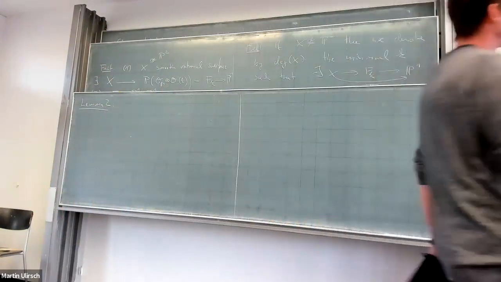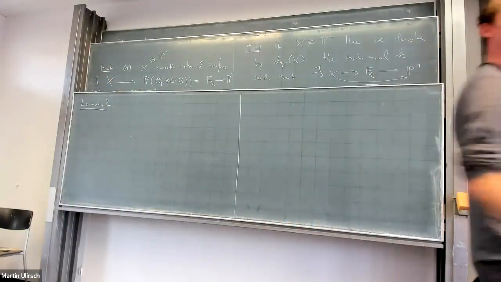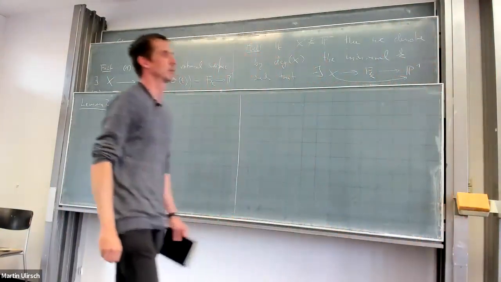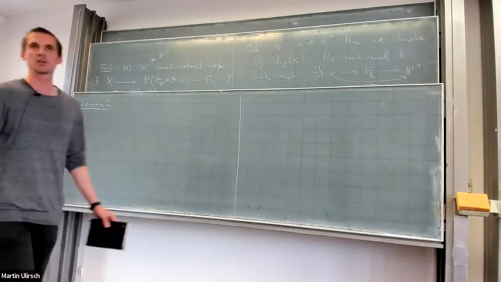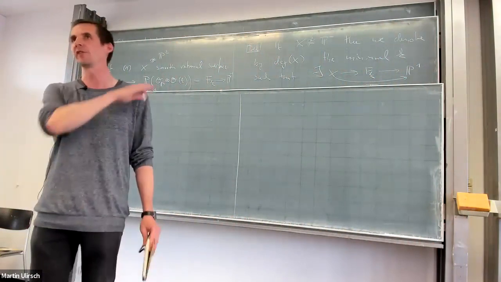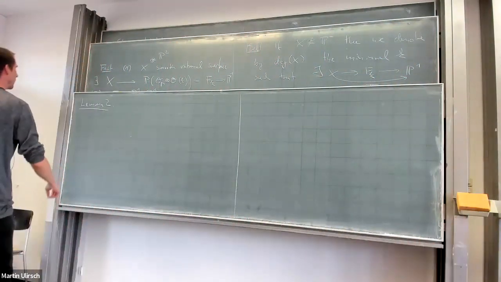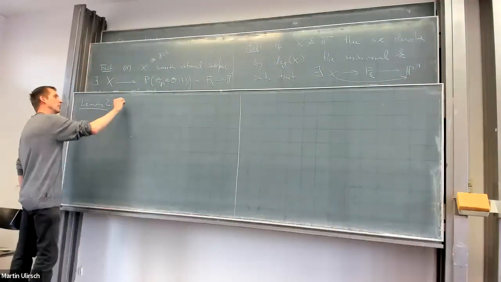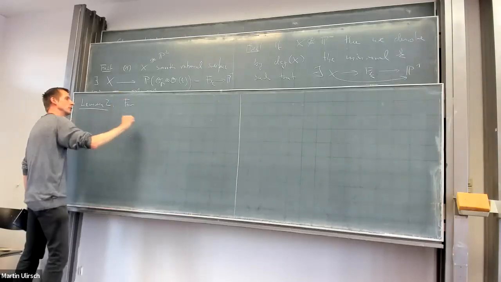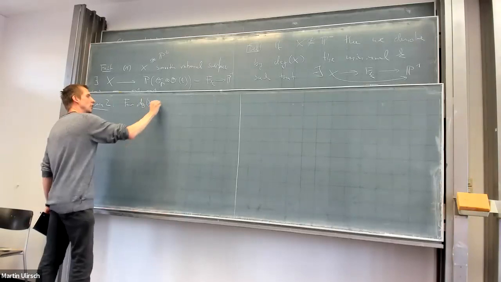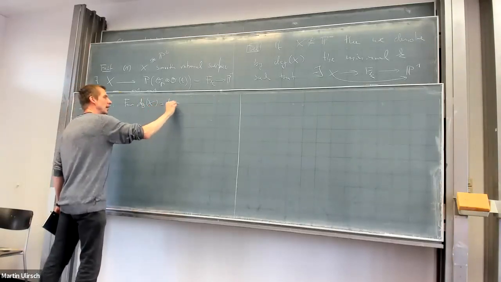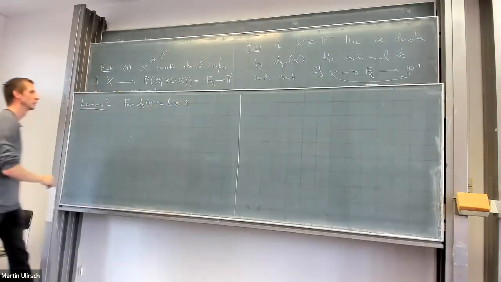Okay, so our aim is now, using this description of the first Chern class of the relative tangent bundle, to actually show that the curve class which we want is effective. So that's our next claim, assuming that the degree of X is at least 2.